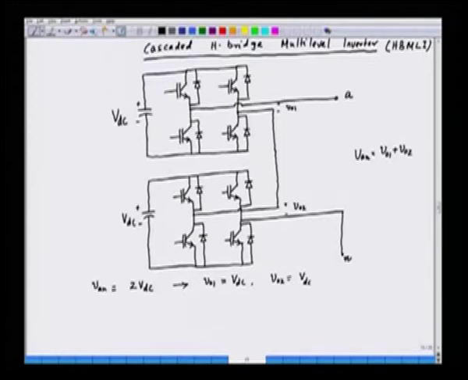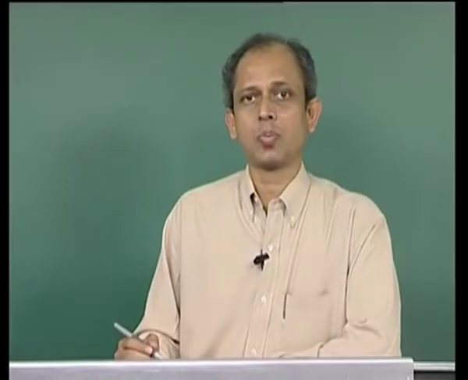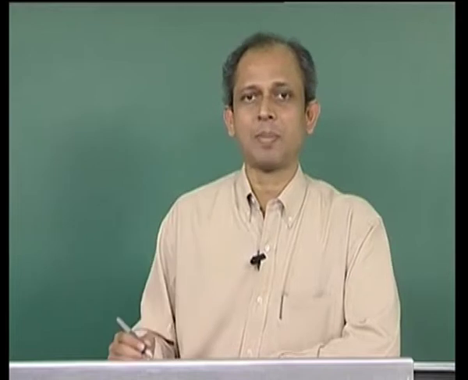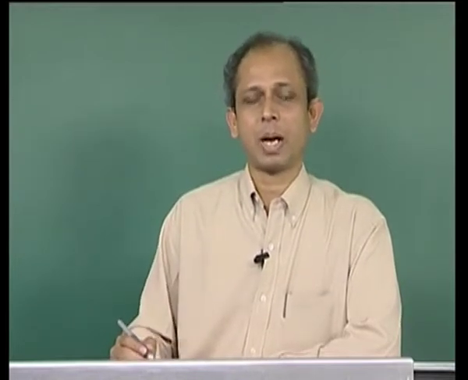Now, let us say that out of VO1 and VO2, one of the voltages is 0. It is possible, because in an inverter we can make the output voltage 0 by short circuiting the output. So, if VO1 or VO2 is equal to 0, we get just VDC.